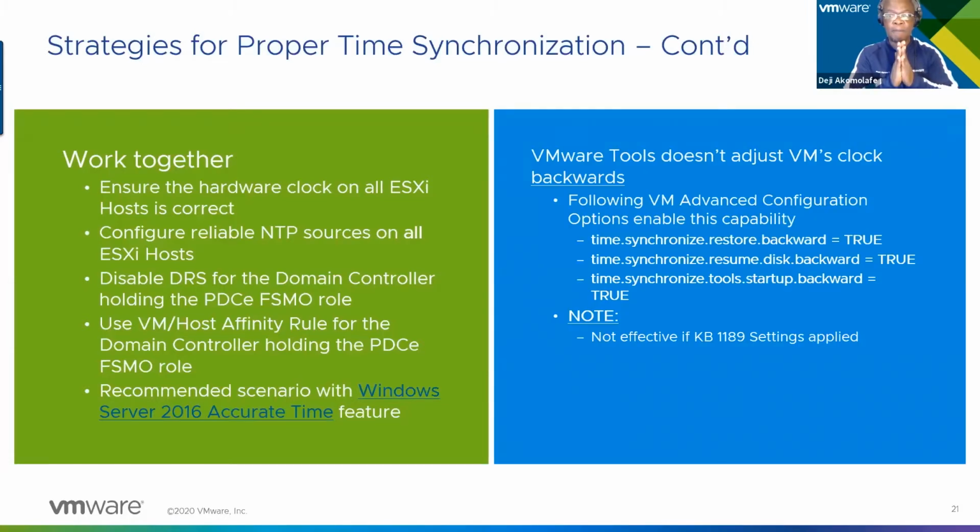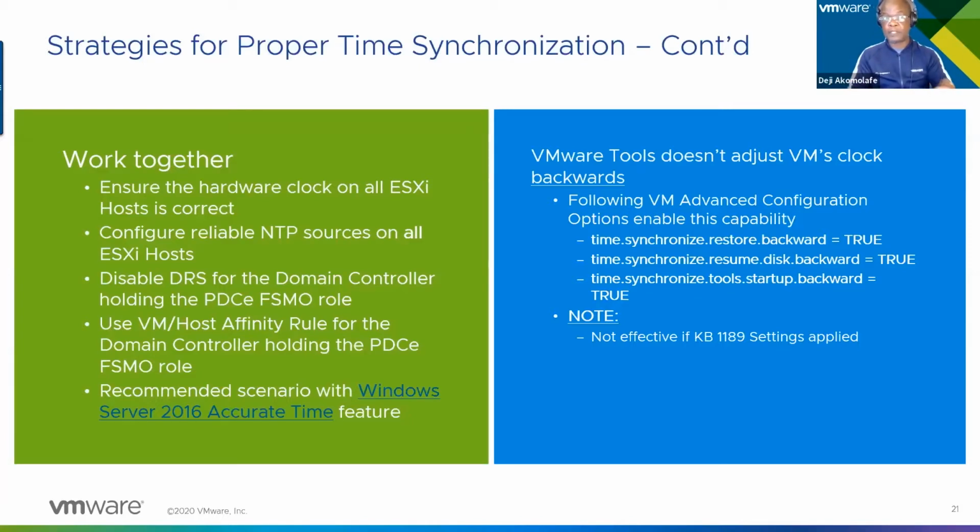Now, it's important for us to mention that even though we said the VMware Tools adjust a VM's clock whenever you perform some virtual operations, it's important to know that the VMware Tools does not correct time backwards.